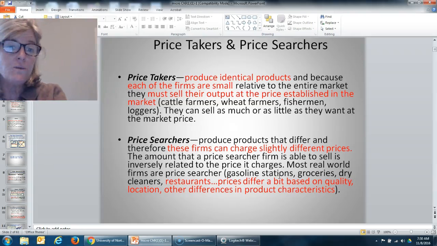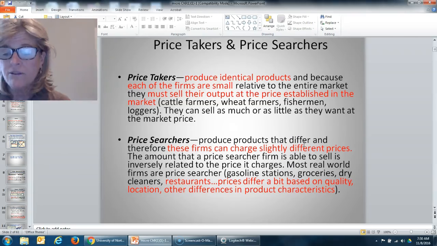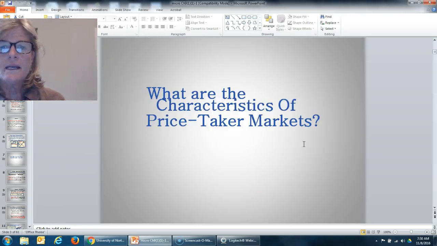They're going to be choosing whether it's a high grade pizza like Brucci's or Mellow Mushroom or a low grade pizza like Papa John's. So you're going to be searching within this spectrum. You do not have to charge the same price for your pizza as everybody else. You are a price searcher, not a price taker. In both of these markets, there's lots and lots of competition, lots of rivals. So let's keep taking a look.